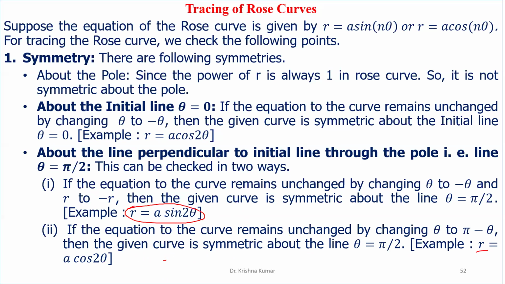But if we replace theta by pi minus theta, we get cos of 2 pi minus 2 theta, and cos of 2 pi minus 2 theta is nothing but cos 2 theta. So the equation of the curve will not change. So the curve r equal to a cos 2 theta is also symmetric about the line theta equal to pi by 2. Right. So these are about the symmetry.